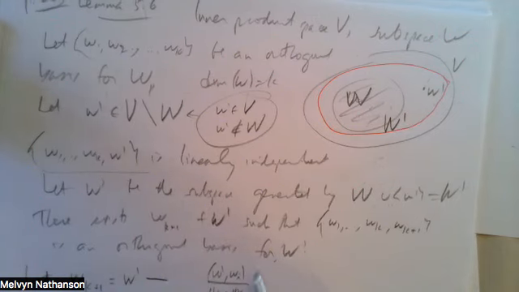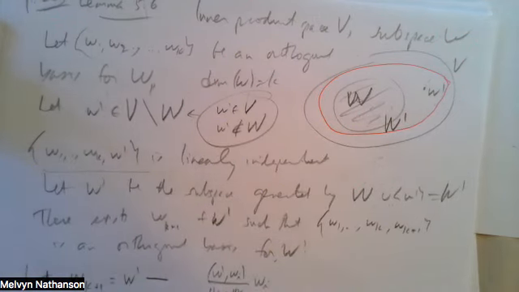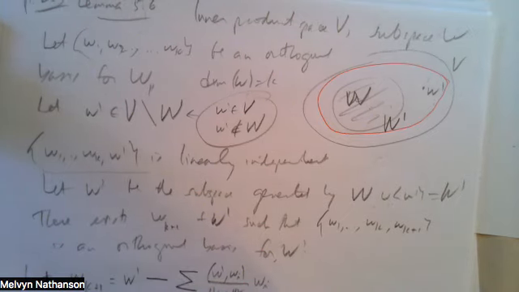So suppose we let WK plus 1 be this vector: W prime minus the sum, I going from 1 up to K, of the inner product of W prime and Wi divided by the length of Wi squared, times Wi.